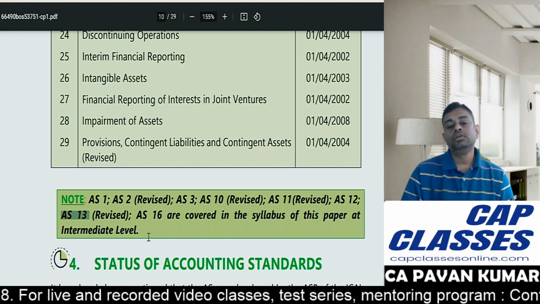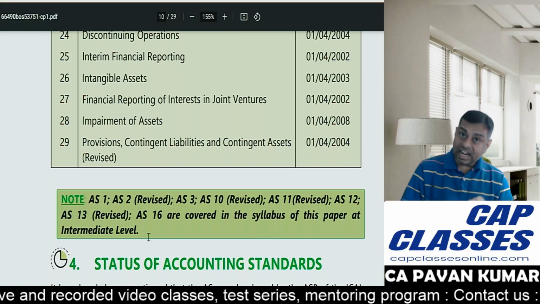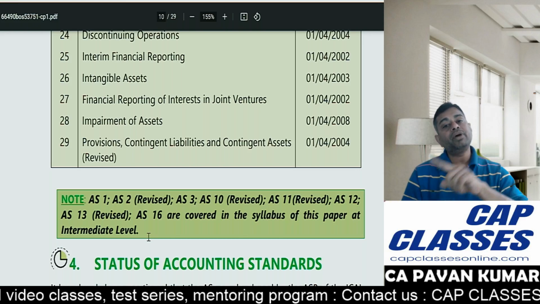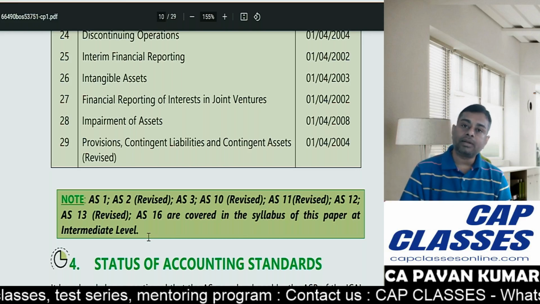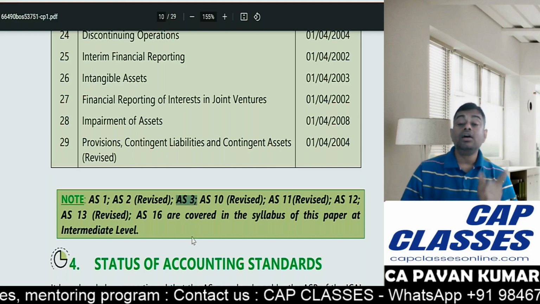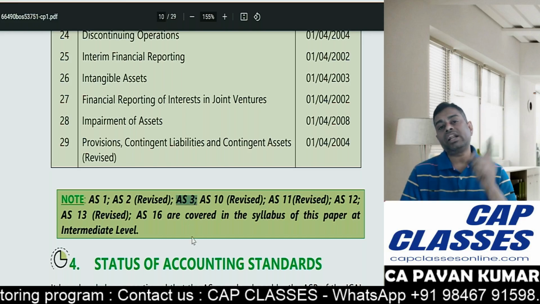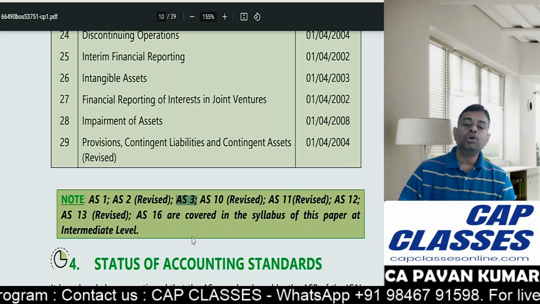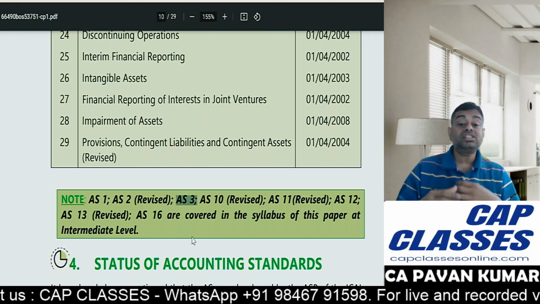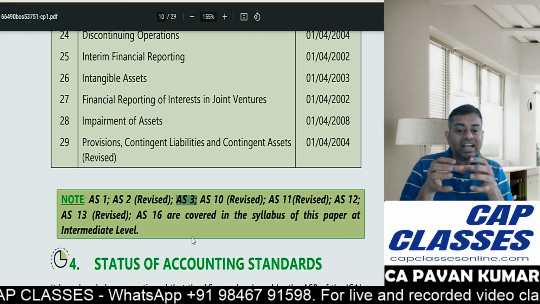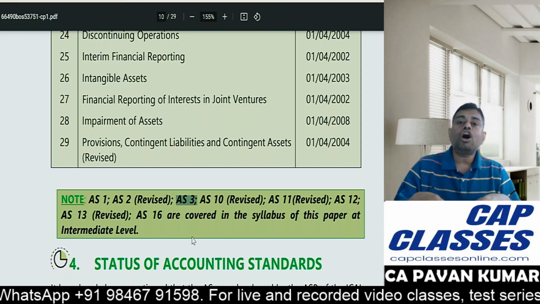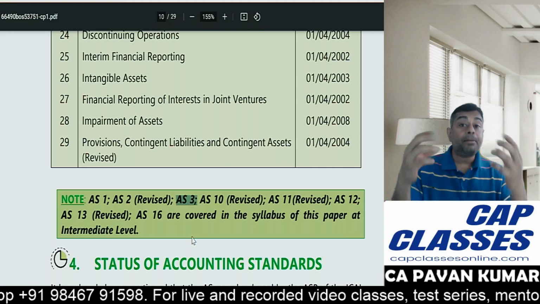This is both a standard in your syllabus and also a separate lesson, investment accounting. Similarly, AS 3 is a standard but also a separate chapter. In Chapter 4, Unit 2, you will learn cash flow statement in detail, exhaustively.